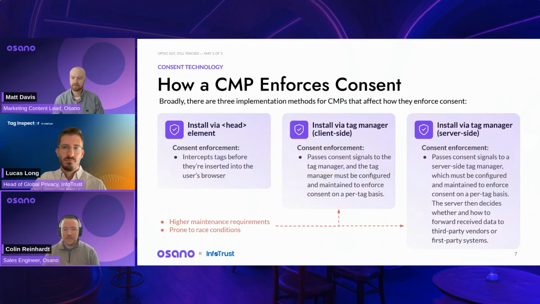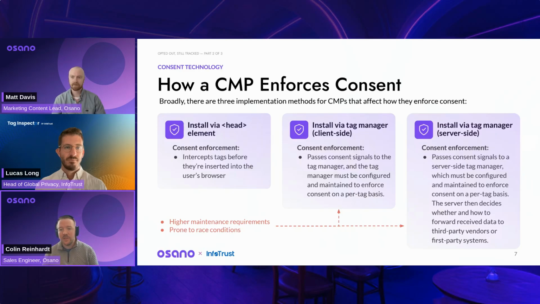Regardless of how you implement a CMP, it will recognize universal opt-out mechanisms like Global Privacy Control. It will maintain an auditable consent record for every user interaction as they visit your website. And it will help to extend enforcement beyond the homepage to landing pages, embedded tools, subdomains, etc. So the important distinction here is that a CMP that is only displaying a banner but is not blocking tags is simply doing that.